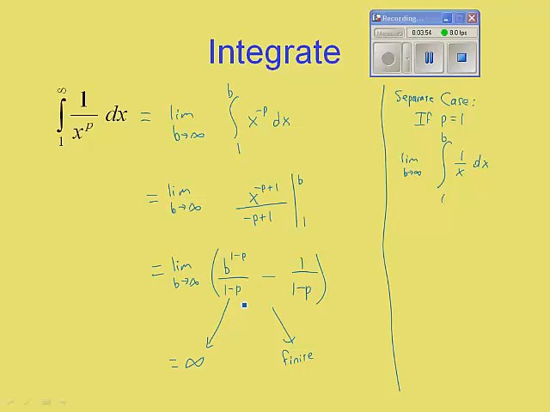So this term went to 0 in that case, right? So you're going to get something finite if p is greater than 1. And you're going to get something infinite if p is less than 1. What about if p equals 1?